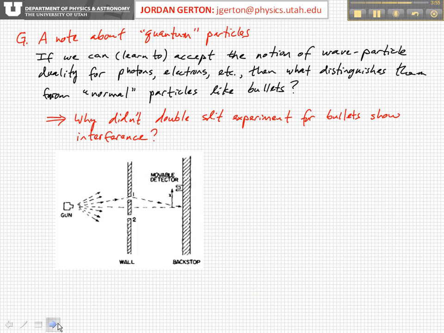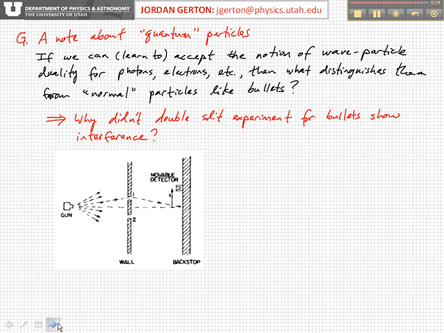Okay. Now I just want to make, in closing, a note about quantum particles. If we can learn to accept the notion that the quantum particles, electrons and photons, display both wave-like and particle-like attributes, then we have to ask the question, what distinguishes them from normal particles?